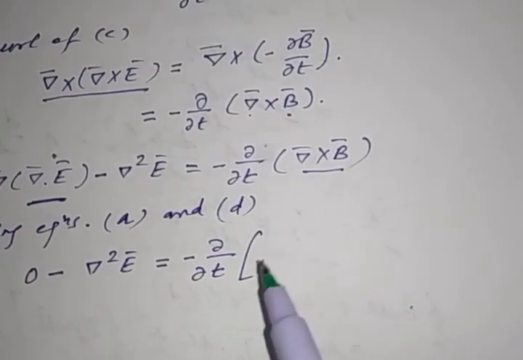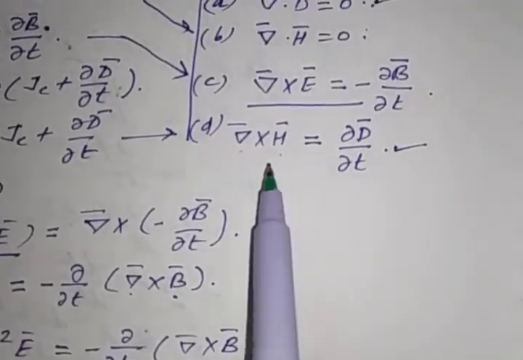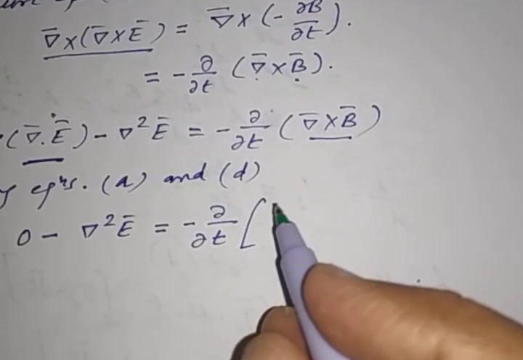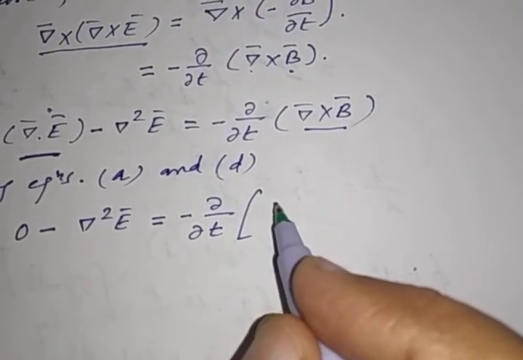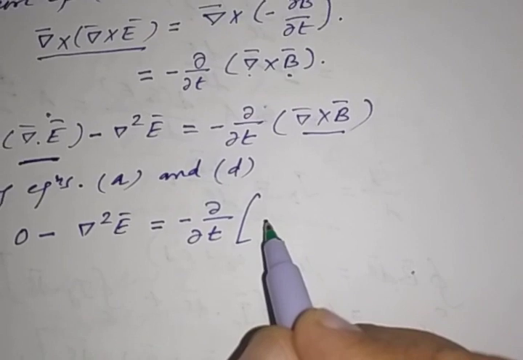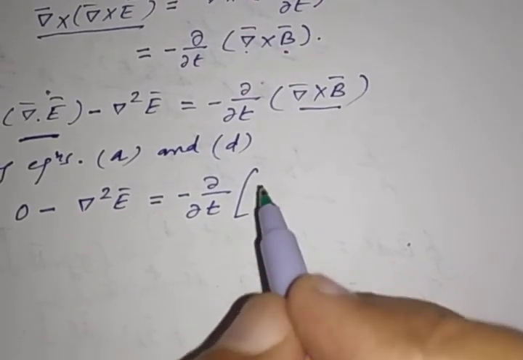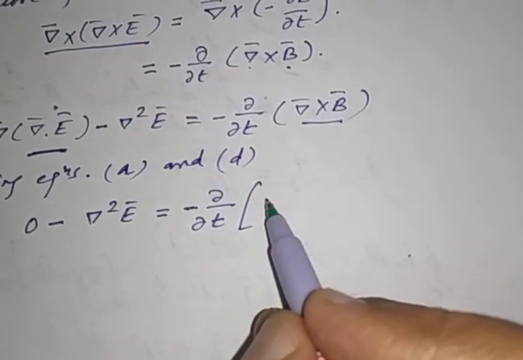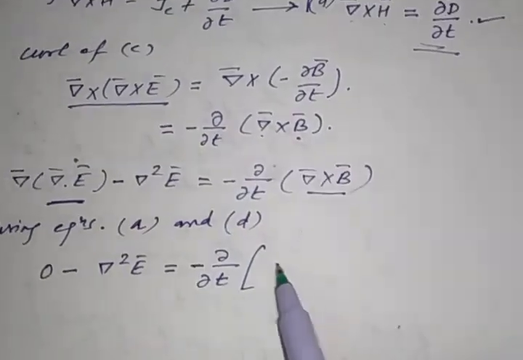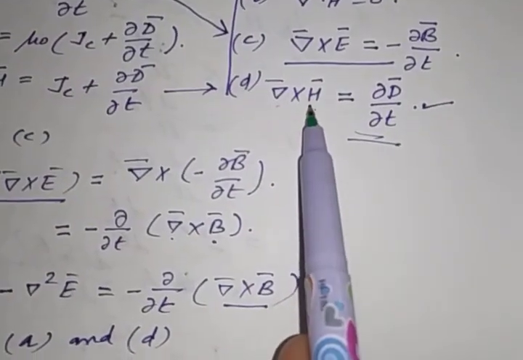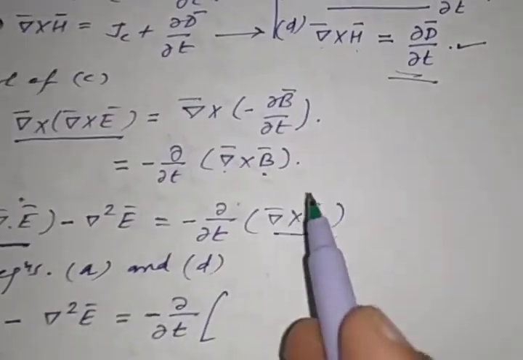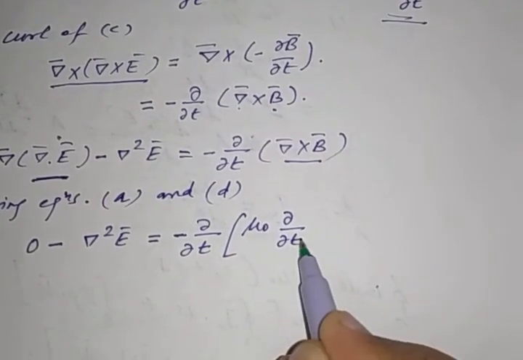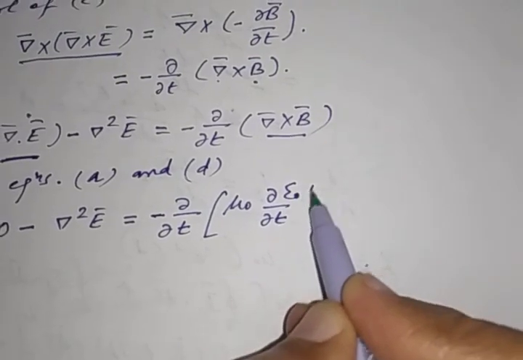And put the value of del cross B from here. So over here it is B by mu naught, so it will be mu naught del by del T epsilon naught E.